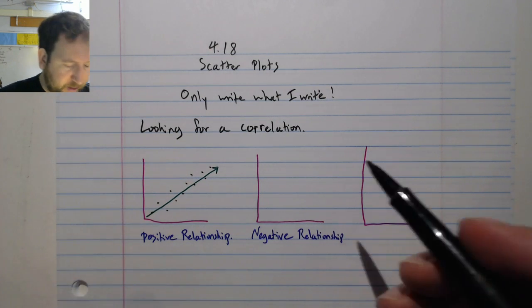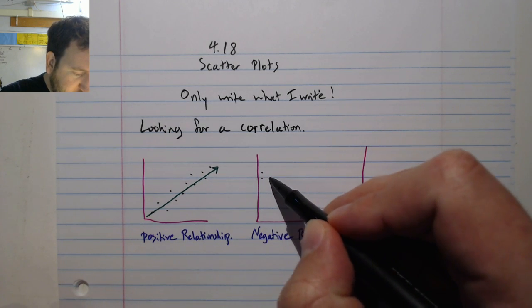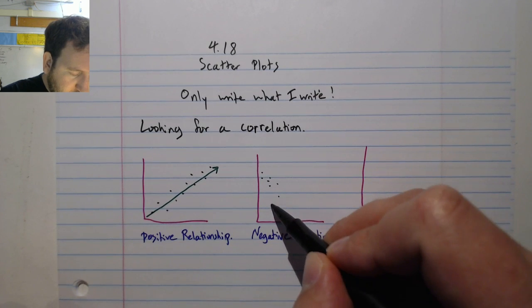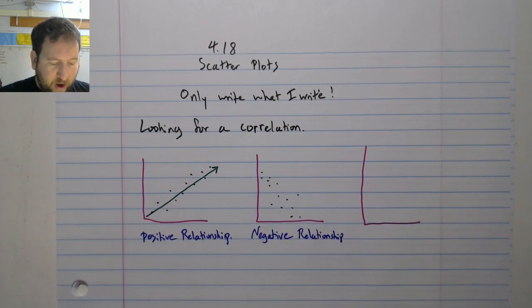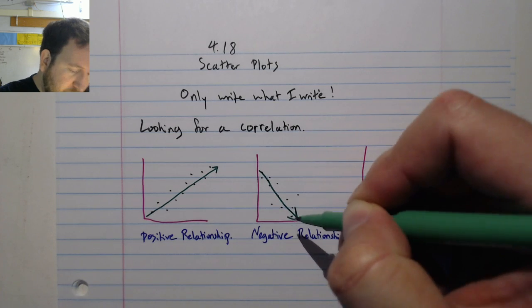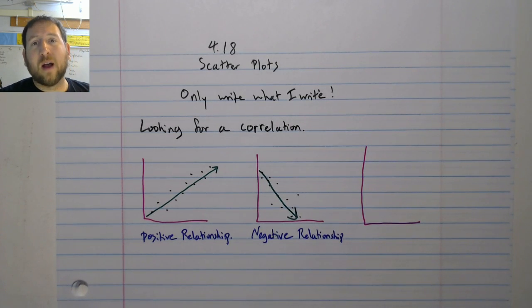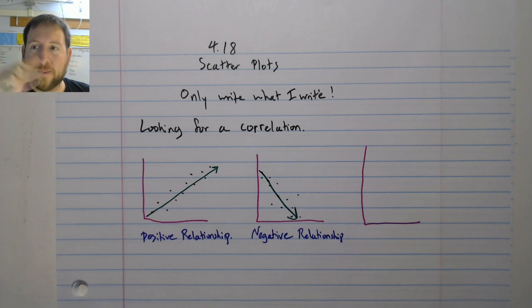And instead of looking like this, it might start here and then go down. Often there's points that don't quite fit in, which is totally normal and totally fine. And you can see here that it starts up at one part, and over time, it goes down. So if we had global cooling and I was plotting the data, it would start up and it would go down.